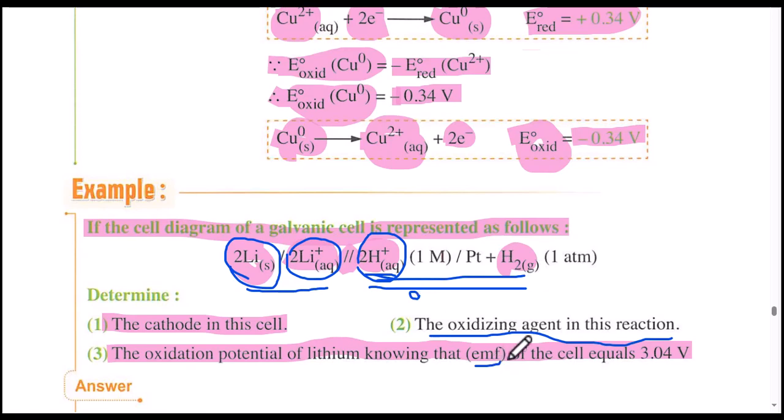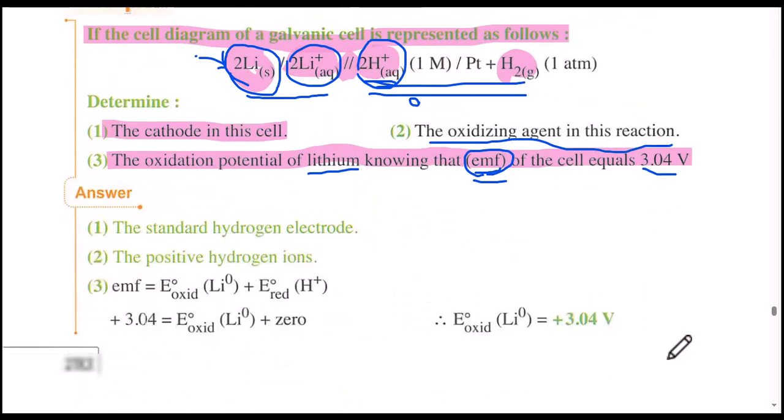So the electromotive force here equals the standard oxidation potential of the anode. So the standard oxidation potential of lithium equals the electromotive force of the cell, which equals positive 3.04 volt.